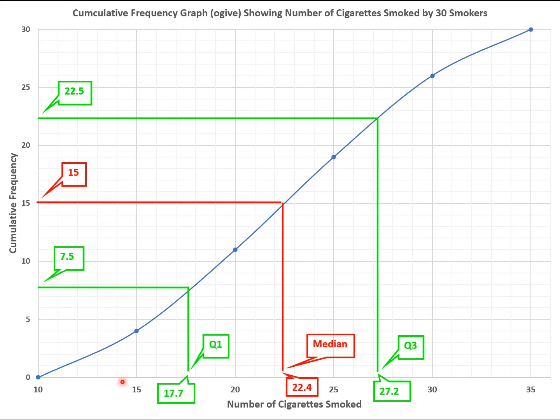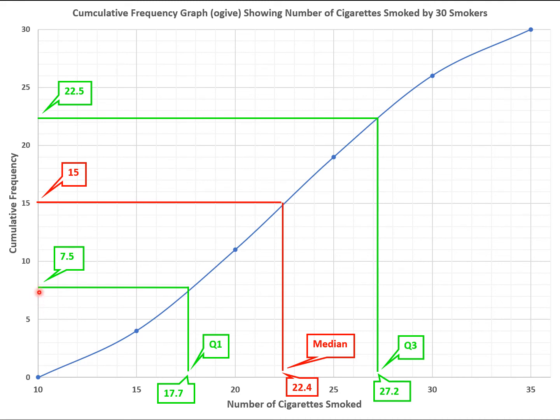Now the next thing we're asked to do is find quartile 1. We have 30 observations and we divide 30 by 4, which gives 7.5. Now 7.5 isn't quartile 1, but 7.5 is, if you like, the address of quartile 1.